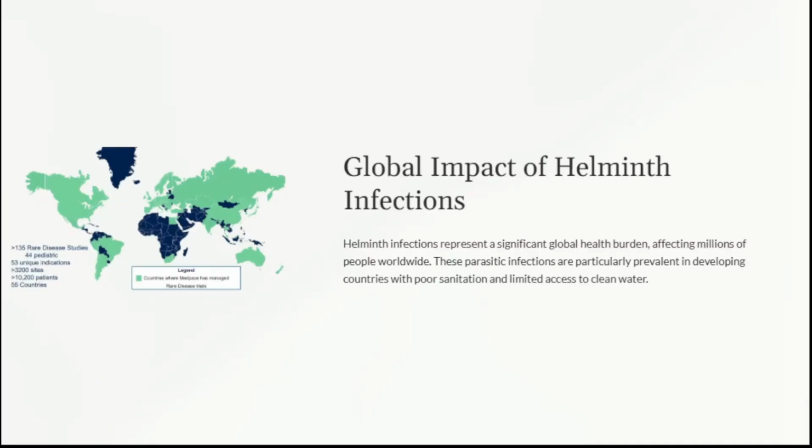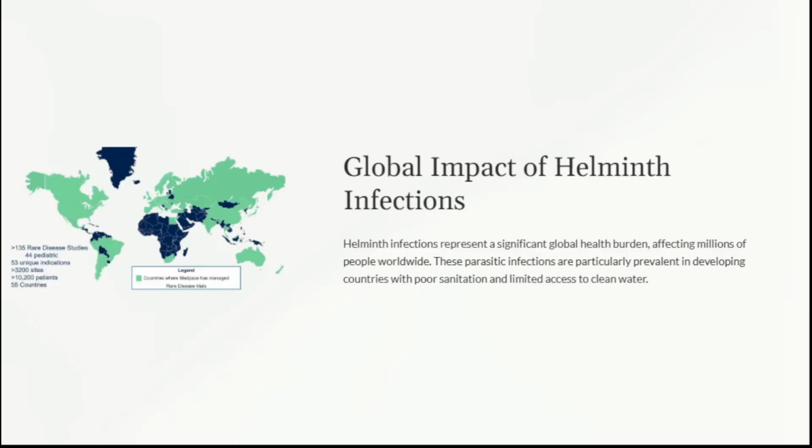Let's talk a bit about the global impact of helminth infections. So helminth infections represent a significant global health burden, affecting over 1 billion people worldwide. These parasitic diseases are especially prevalent in tropical and subtropical regions. These may tend to be regions with poor sanitation and limited clean water.